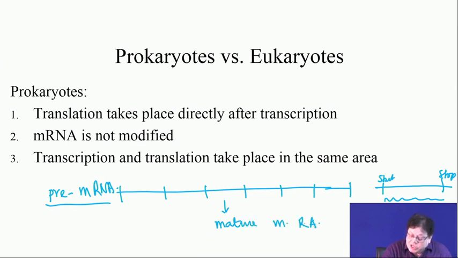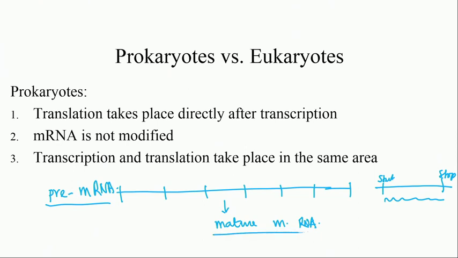In mature mRNA, the portion from start to stop is translated into the protein. This is not, because this contains some portions which are not passing any information and do not code for any amino acid.